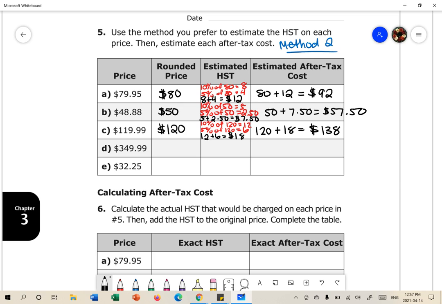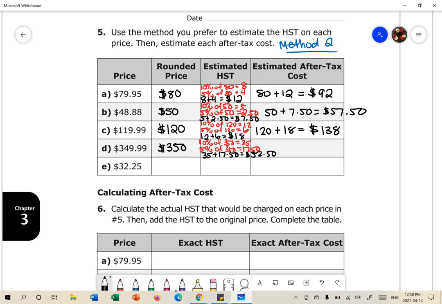Next, my rounded price is $350. 10% of 350 is 35. 5% of 350 is 35 divided by 2, 17.5. 35 plus 17.50 is equal to 52.50.